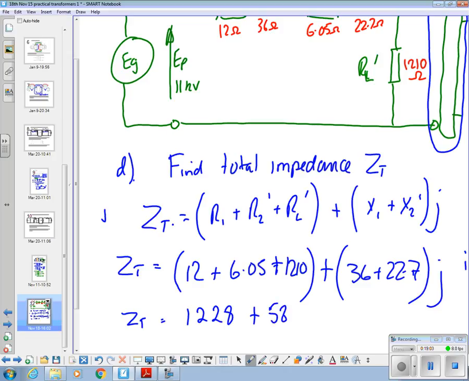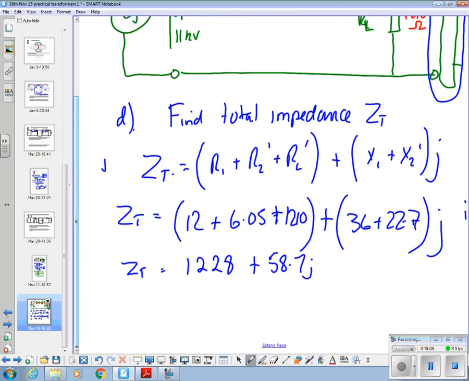What I tend to do these days is also, you might want it in that form, but you might also want it later in polar form, so probably write it down in both forms. So convert that to polar as well. So that's 1229 ohms, angle 2.73 degrees.